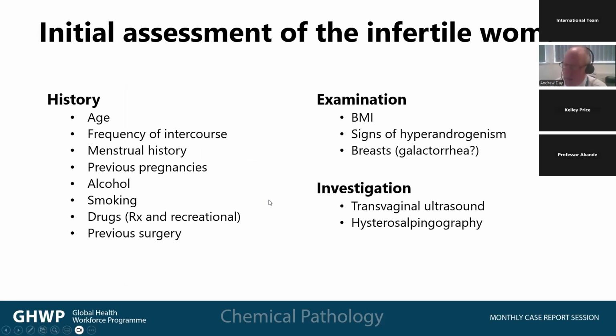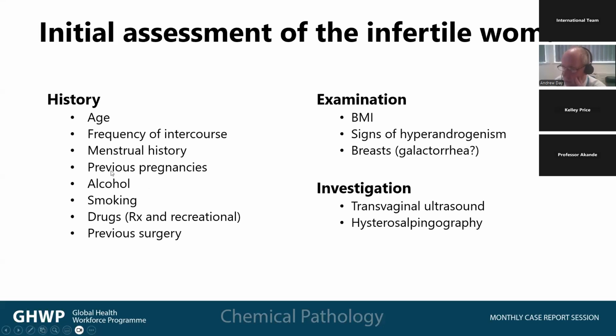And I just want to go through this very quickly because it just says what we've already said. It summarizes. So initial assessment of the infertile woman: age, frequency of intercourse, menstrual history, regular menstruation, light menstruation. Has she been pregnant before? That might help us to know whether there's a primary or a secondary cause.